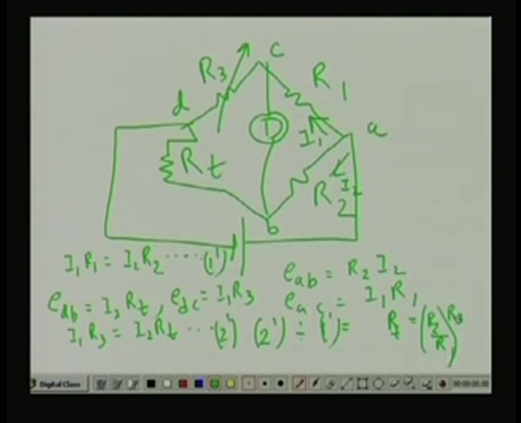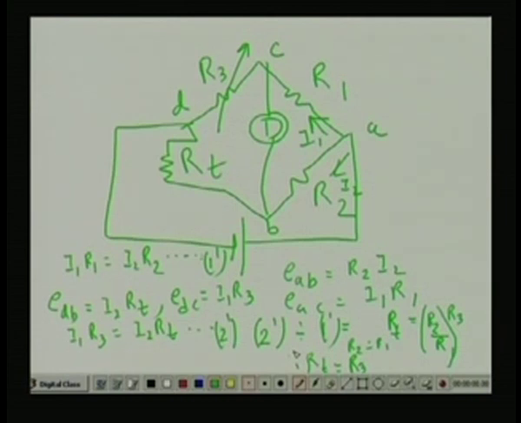So, you see that if I take these two resistances R2 and R1 equal, then what will happen? You will see that this will cancel out. In that case, if R2 equals R1, I can write that RT equals R3, right.